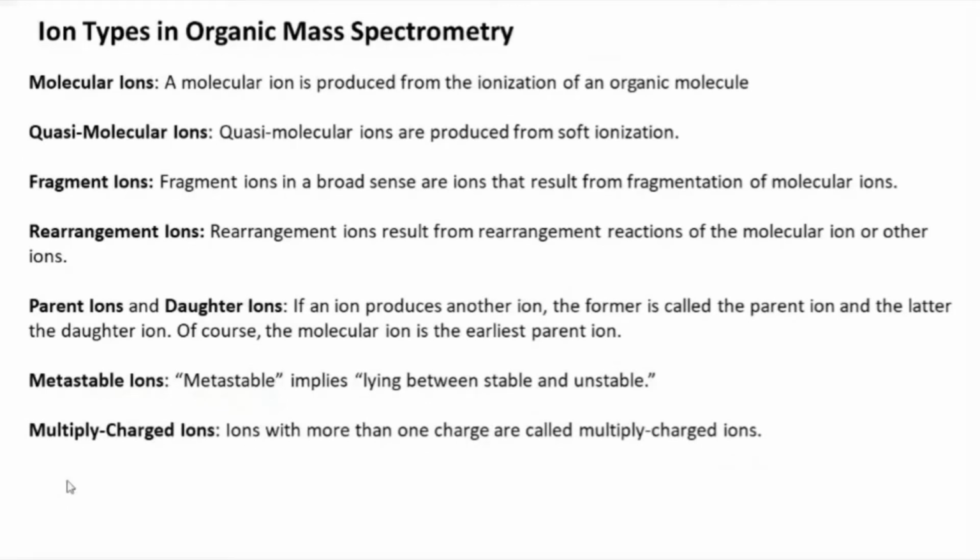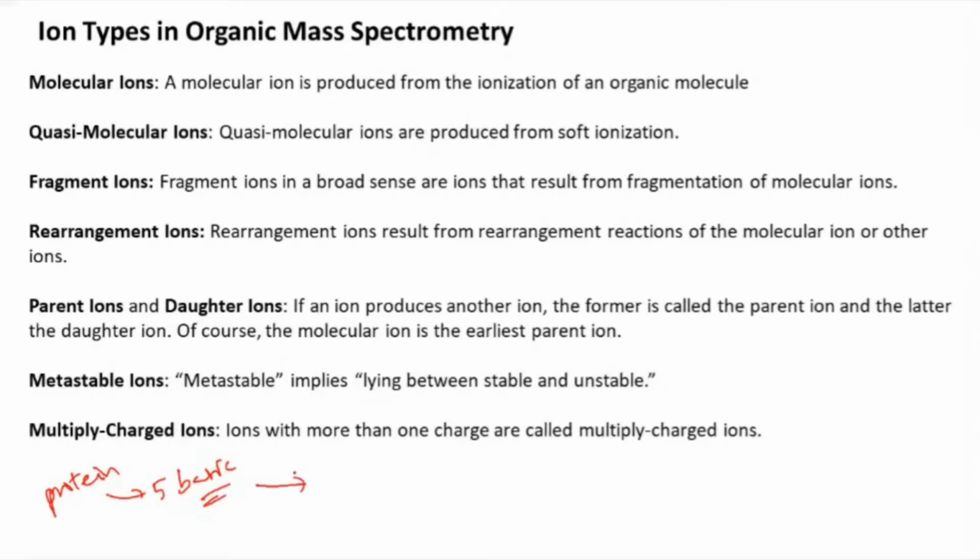Multiply charged ions also can be there because if you have a protein, amino acids can be acidic or basic. We all know that one. Let's say we have a protein. It contains so many amino acids, but 5 of them are basic amino acids.